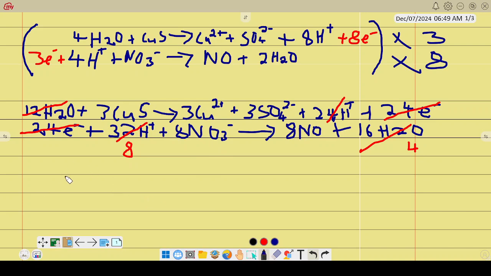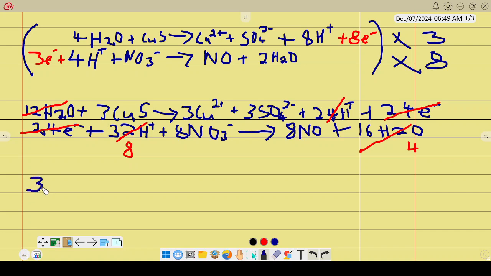So what we remain with is, I skipped the part of writing the half reactions, but I'm sure you saw. You just write this, you write this, and then you put an R. It's because of time and space.